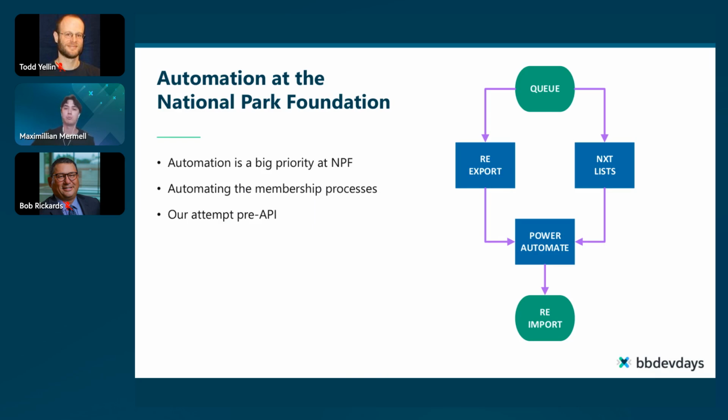So automation has been a big priority at NPF, and we have had a long-running goal to automate the membership process. Starting over a year ago now, we worked with Ashley Moose, who created a very sophisticated process to automate new and renewing memberships and linking gifts. And this process used Query, exports, NXT lists, Power Automate, and imports.